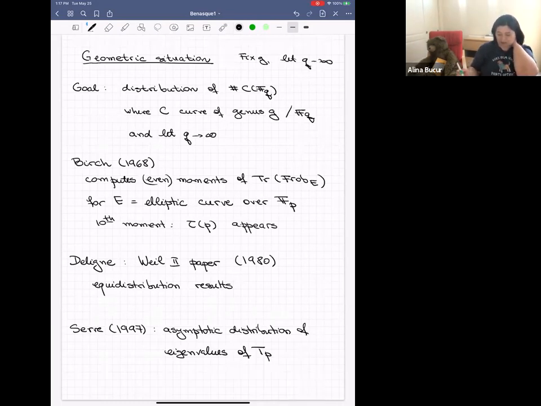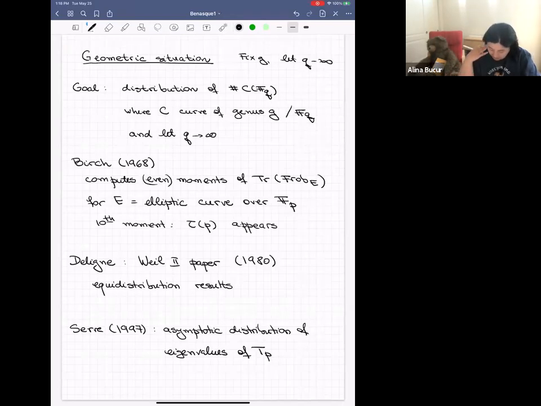And the paper of Birch, I am not going to explain because it was explained in the first talk today. Van de Heer talked about it, and I completely butchered the poor man's name, but that's the best I can do with Dutch names. Sorry. And then in 1980, Deligne uses that appendix in his Weil II paper to get the equidistribution results that he uses to prove the Weil conjectures.